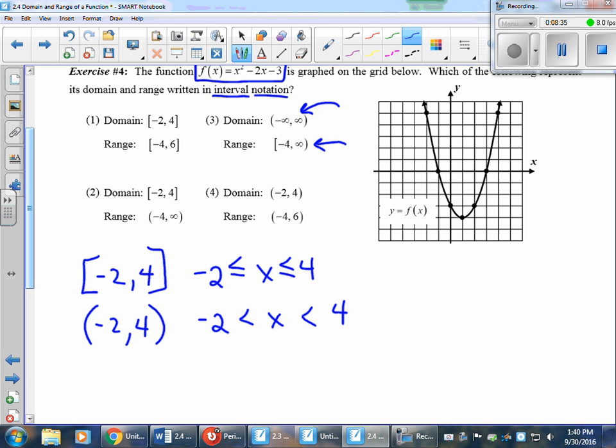So if you take a look at all of these choices, number 1 says it's bounded both ways, and we know that's not the case because we only have a bound here, but these y's keep going. And the same thing with the x's. The x's go in both directions to infinity. So we know this can't be it, this can't be it, and this can't be it. So 3 is our correct answer. Pause and listen to that one more time and see if you can make sense of it.